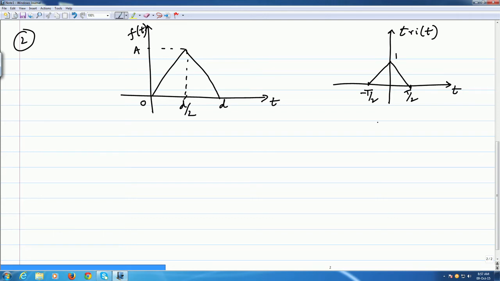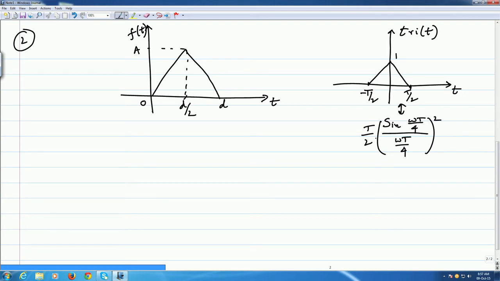The Fourier transform for this will have a sinc square function, I believe, so one needs to look at that very carefully. I think the Fourier transform of this is going to be sine of omega T by 4 by omega T by 4, whole square, times T by 2.